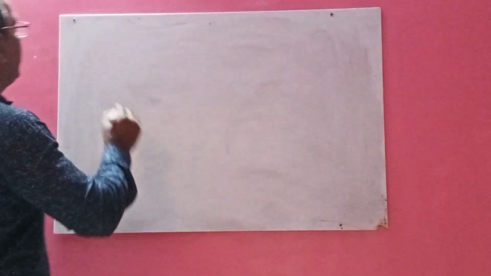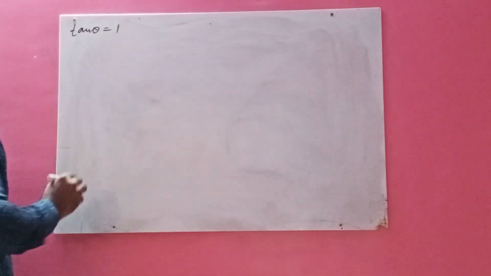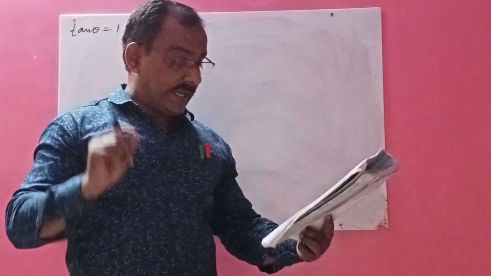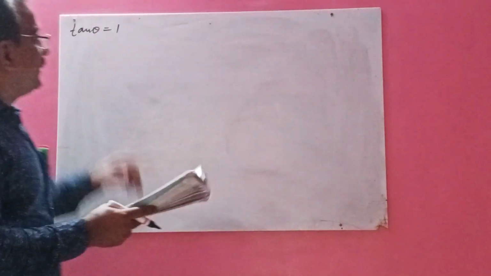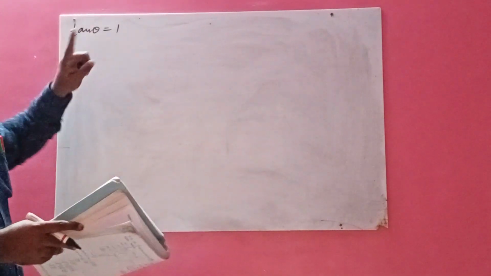So tan theta is given here 1. Tan theta is given 1, and we need sin, cos, sec and cosec. See, there is a relation between tan and sec. So using the identities you can get sec first.